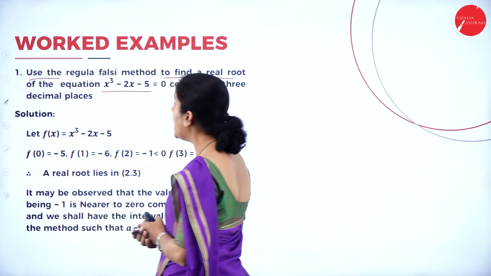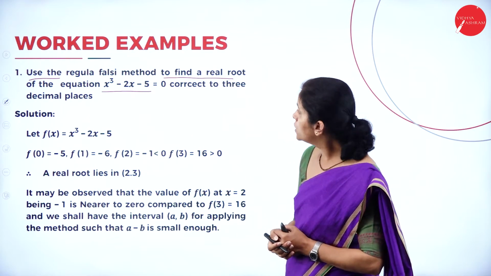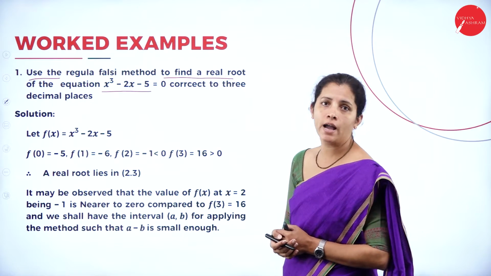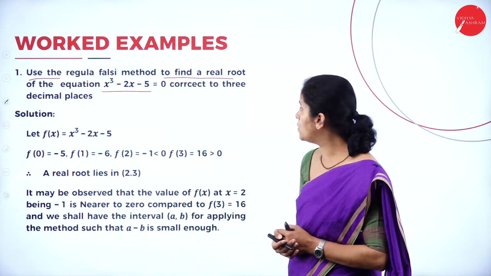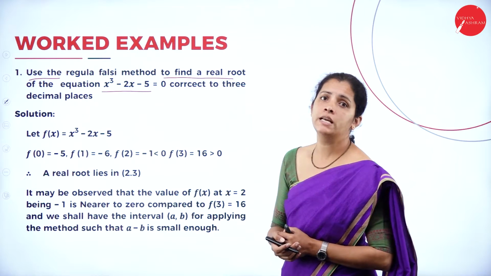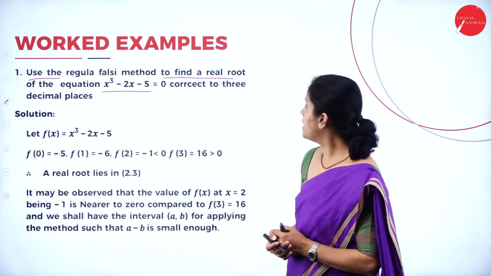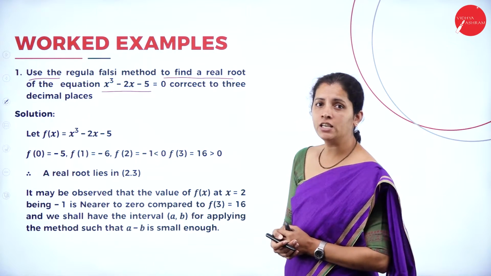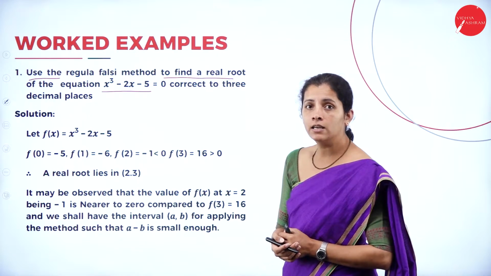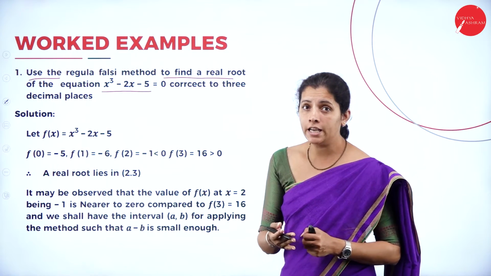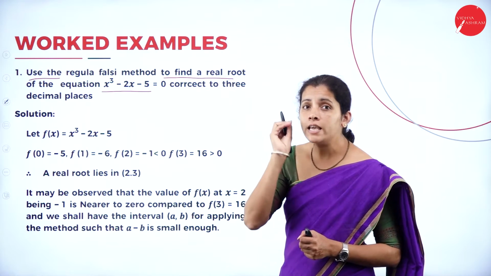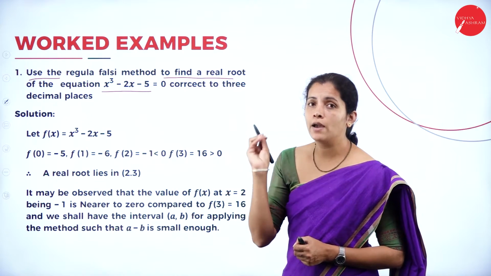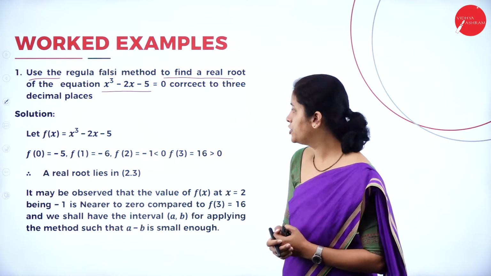That is x cube minus 2x minus 5 equal to 0, correct to 3 decimal places. When I get the same value in both iterations, then I want to stop the iteration.